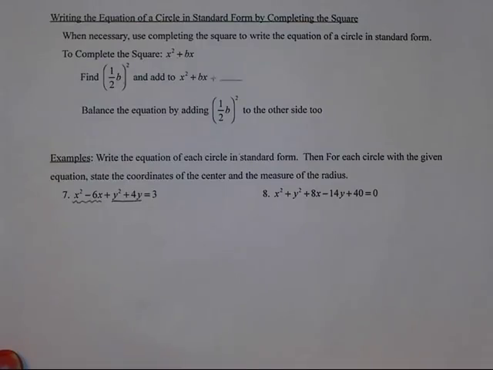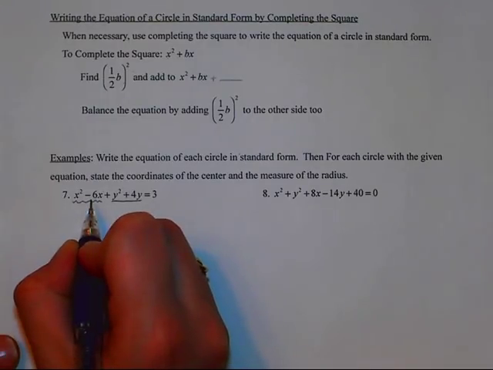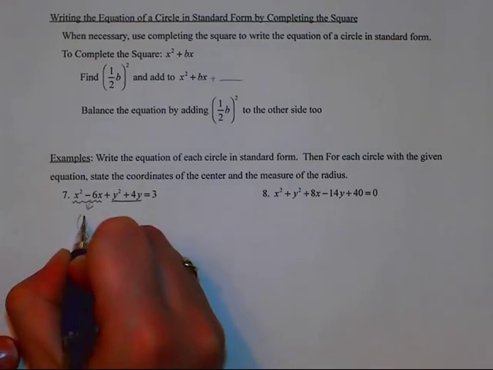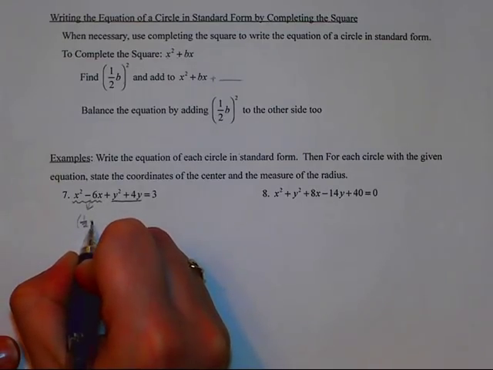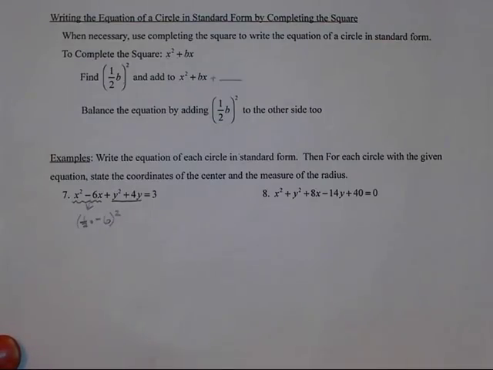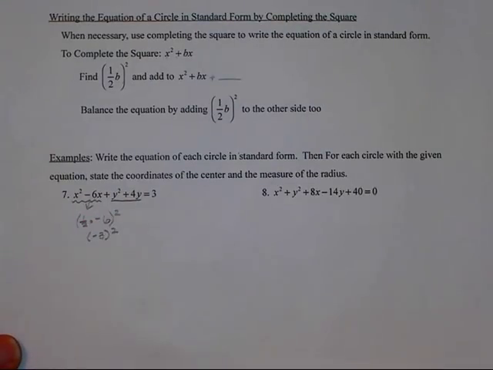So if we look at just the x's for now, the value of b, what's attached to the plain old x, is negative 6. So to complete the square, we always do half of b, and then we square that number. So half of negative 6 is negative 3. Negative 3 squared is 9.